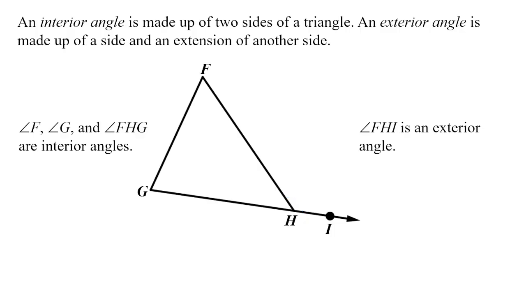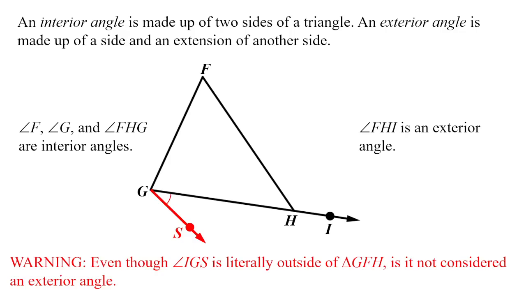Now keep in mind the real definition of an exterior angle. Be very careful. Angle IGS is outside of the triangle. However, it's not considered an exterior angle. Remember, the definition of exterior angle is very specific.